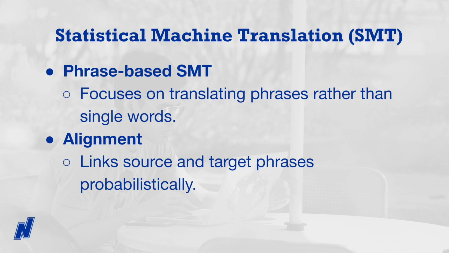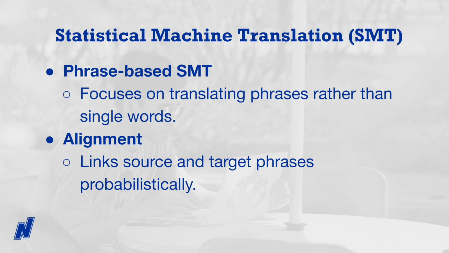Statistical machine translation, or SMT, uses probabilistic methods to determine the most likely translation of a given text. It works by aligning phrases between a source and target language using bilingual corpora. For instance, if "red apple" frequently appears alongside "manzana roja" in a dataset, SMT assigns a high probability to this alignment.